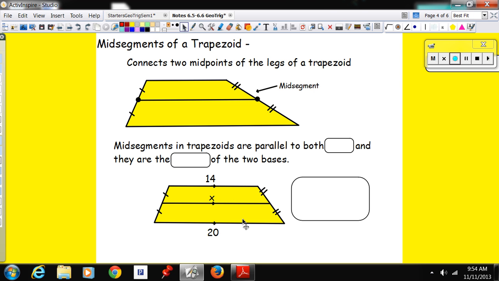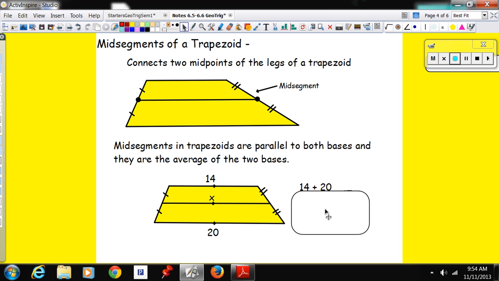The two bases we know are parallel because it's a trapezoid. The mid-segment is parallel to the two bases. So it's parallel to both bases, and it's the average of the two bases. So in other words, if I was to take 14 and add 20 to it, and then divide it by 2, that would give me the average number.